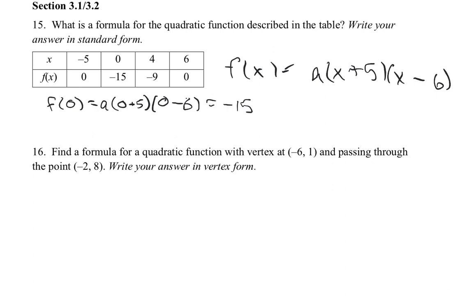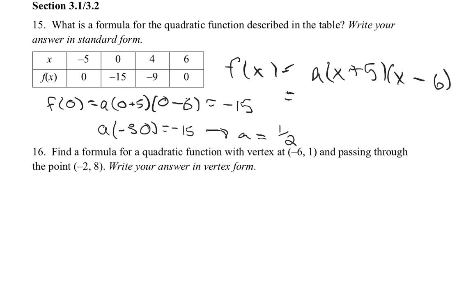I'm going to simplify what I have here, and I'll get that a times -30 equals -15. And if I move over that -30, I'll get that a equals 1 over 2. So this gives us our stretch factor.